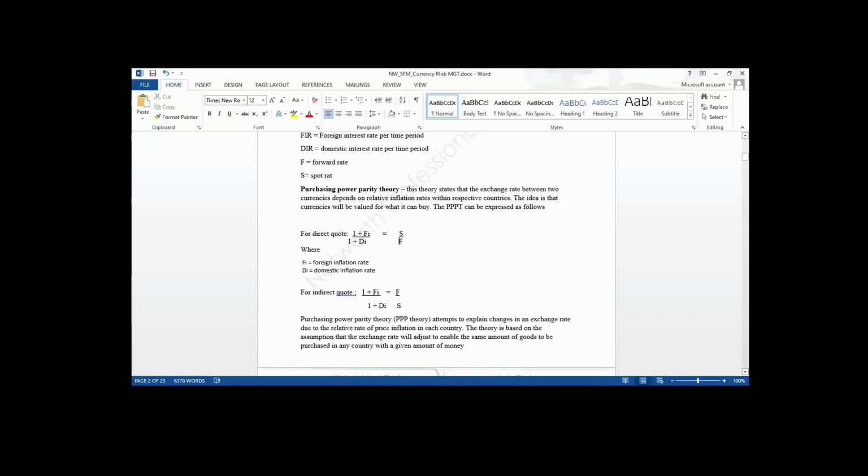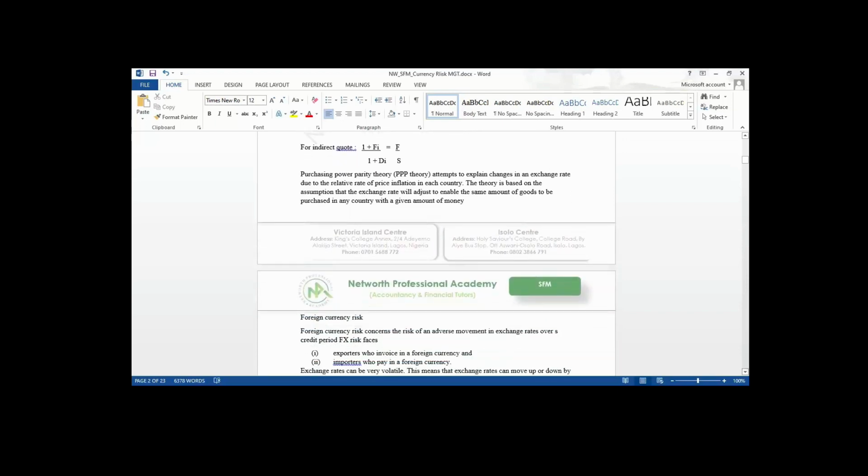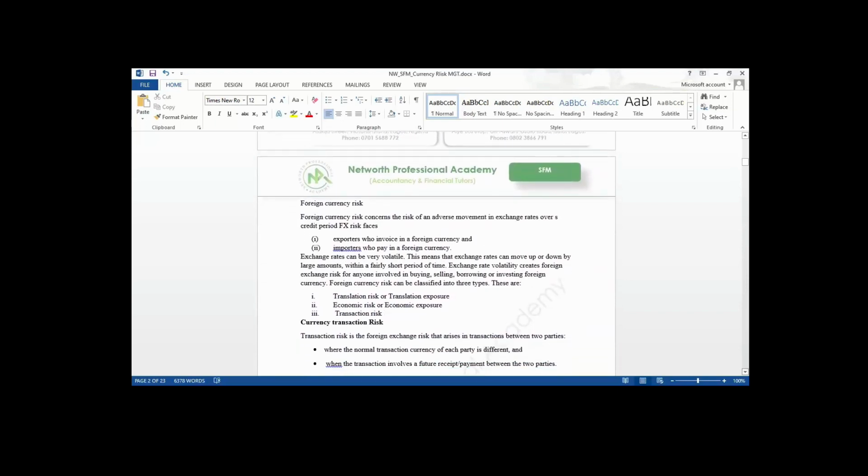The rate you forecast for 3 months becomes the exchange rate for hedging. I'm trying to explain the importance of this theory to us. May God give us a better understanding.